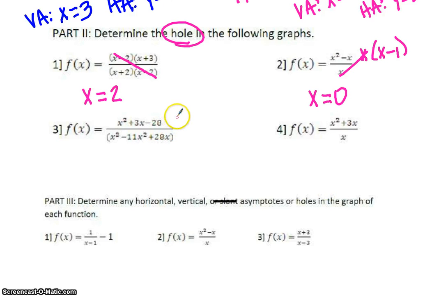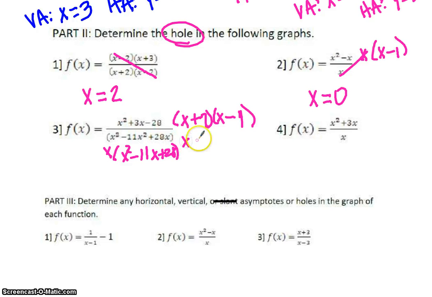On this one, you're going to have to break it down. It's going to be x plus and x minus, factors of 28 that give you 3. It's going to be 7 and 4. You have to pull an x out, and it leaves you x squared minus 11x plus 28. So don't lose your x.